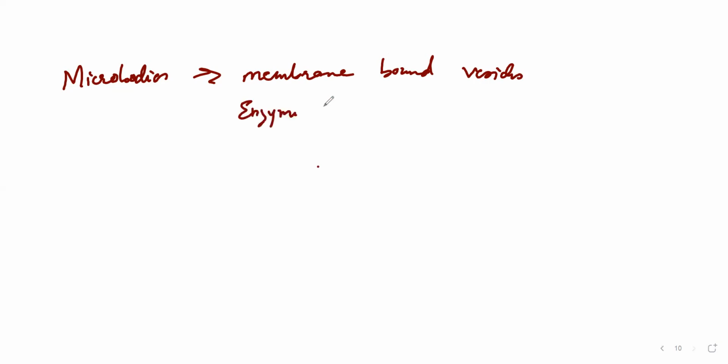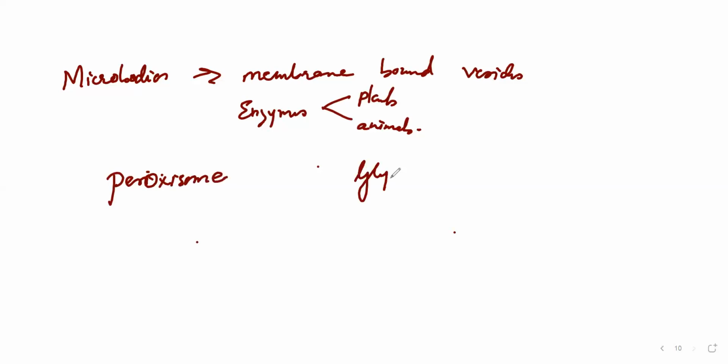So this may be present in both plants as well as animals. For example, peroxisome and glyoxysome. You will find peroxisomes in plant cells and animal cells, whereas glyoxysomes are only in plant cells.